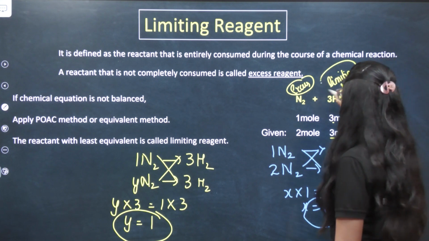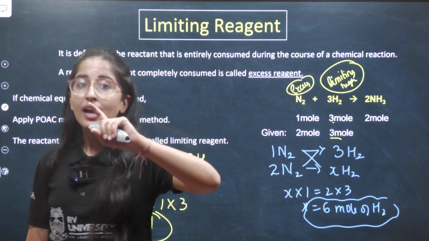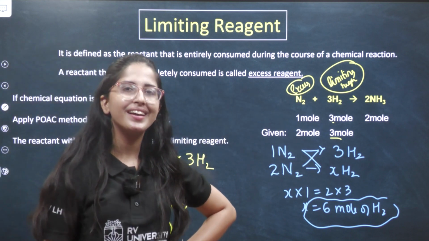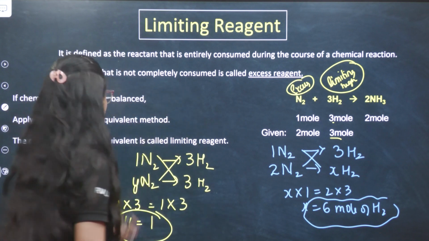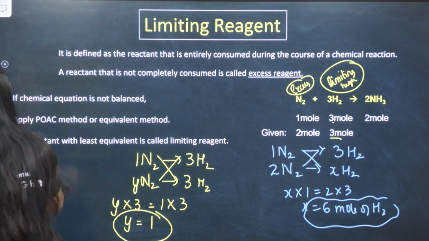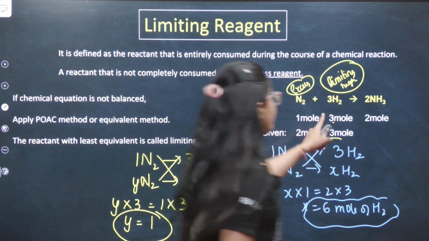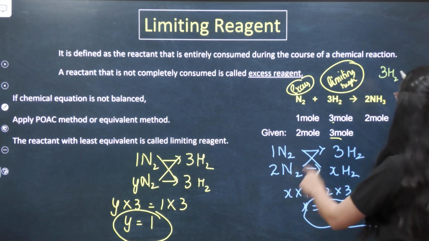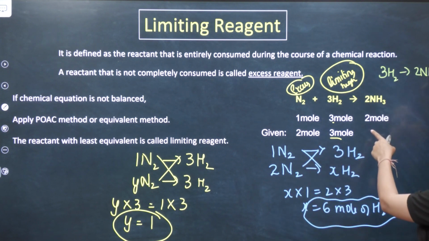Ma'am, why is the limiting reagent important now? How many moles of ammonia you will get is decided by your limiting reagent only. So now carefully see here. It will give you exactly how many moles of product you are getting. If you are using 3 moles of hydrogen, it is giving 2 moles of ammonia.